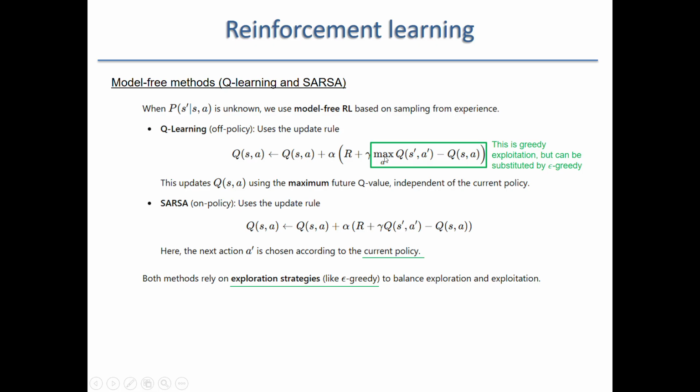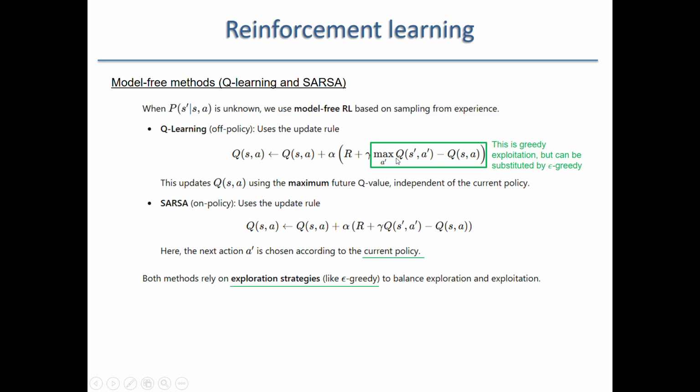So for the given S prime, you will take the best action A prime. This is updating Q(S,A) using the maximum Q value that you will have in the future.